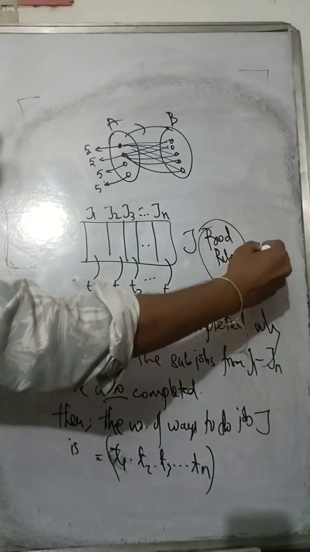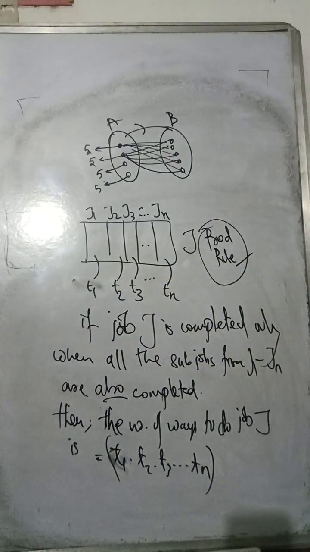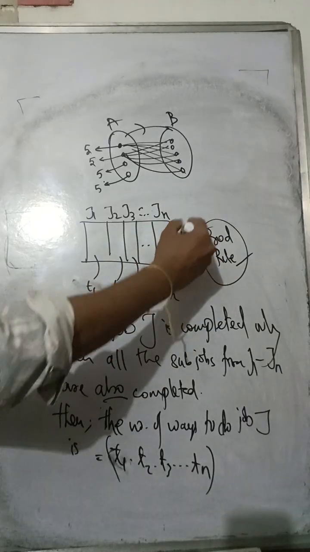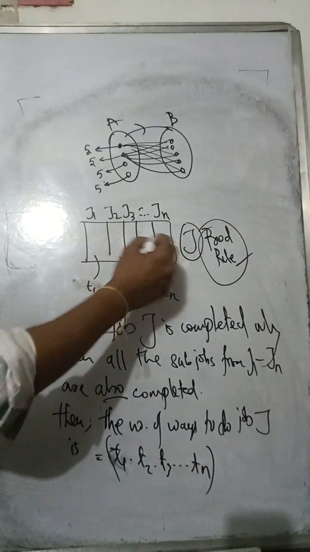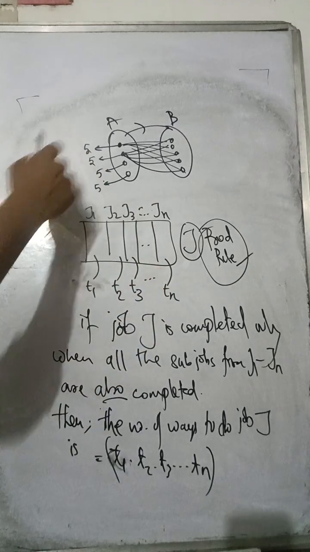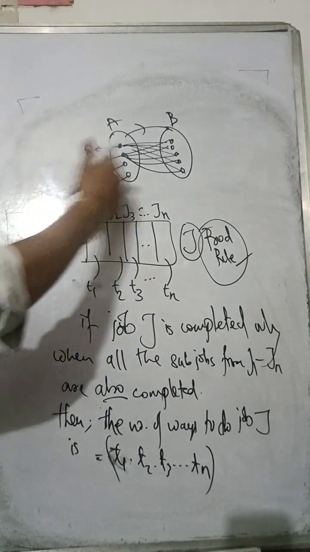What was the product rule? I have a big job, and this job is broken down into several subjobs, n subjobs. What is the big job here? The big job is to make the function.